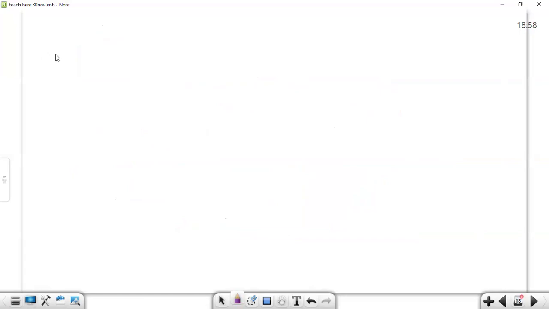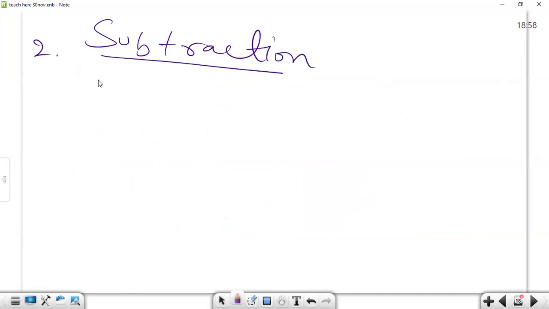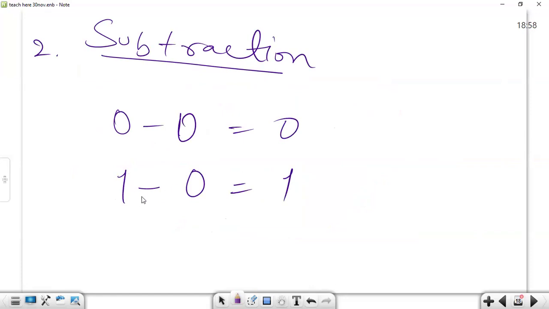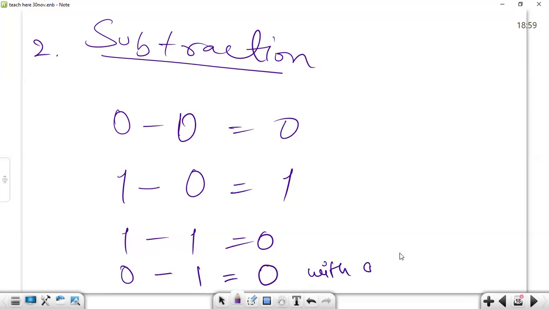Okay. Let's now discuss subtraction. So if we subtract 0 from 0, 0 remains. If we subtract 0 from 1, it remains 1. If we subtract 1 from 1, it becomes 0. But if we subtract 1 from 0, then it's going to remain as 1 with a borrow, not a carry.